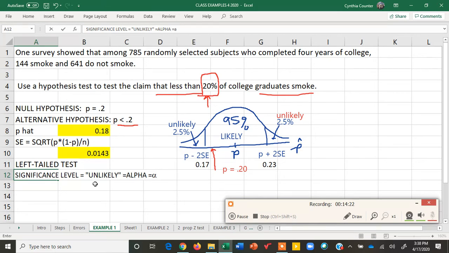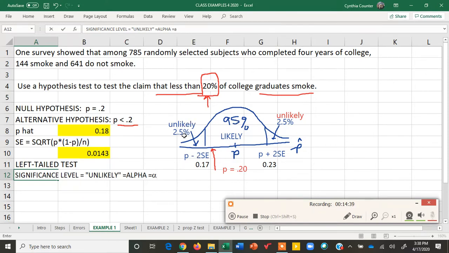probability of actually rejecting this null hypothesis because this defines unlikely. If something unlikely has occurred, well, by definition, that means it was more likely our assumption was wrong.